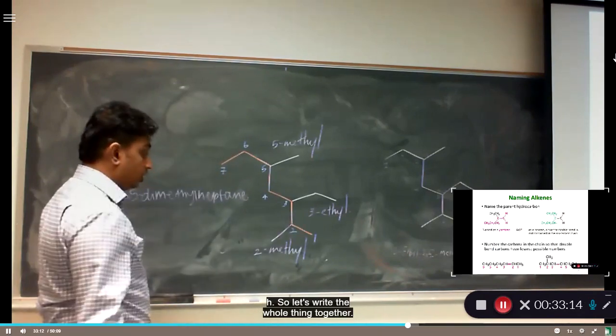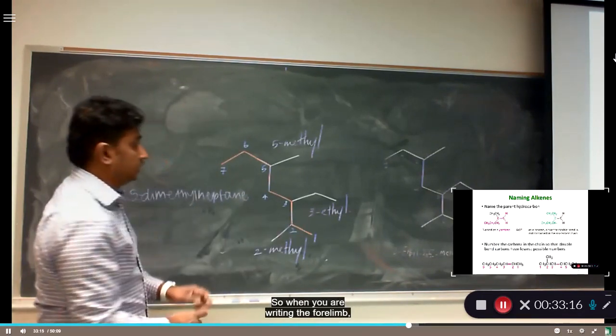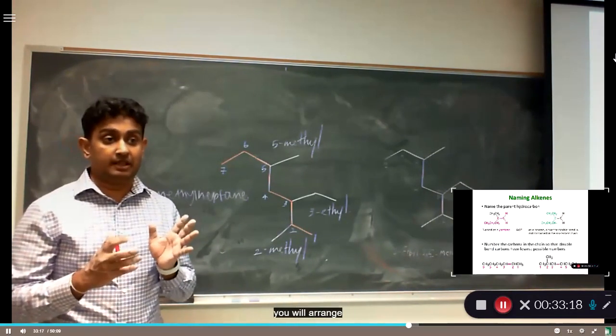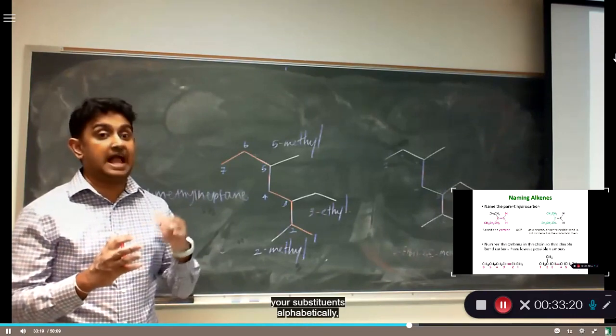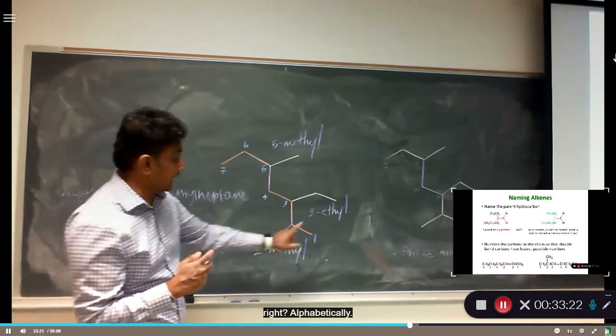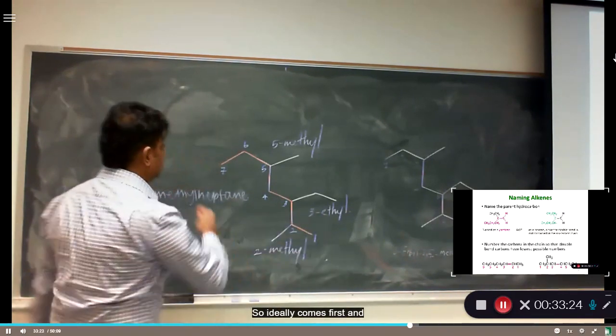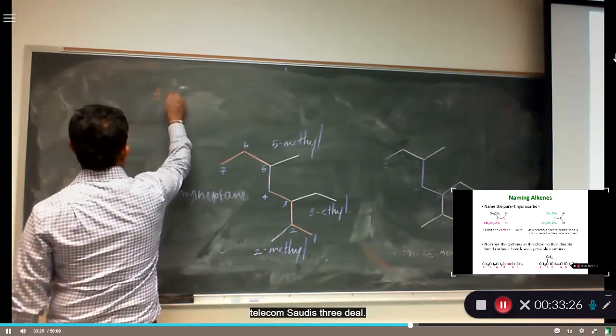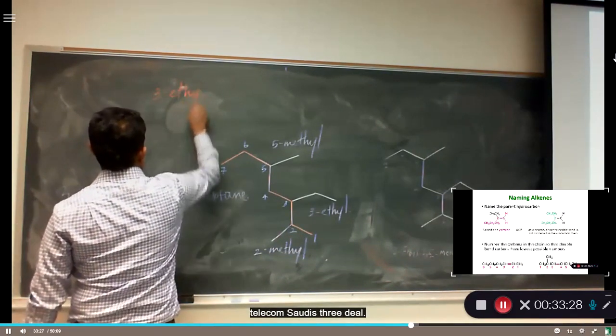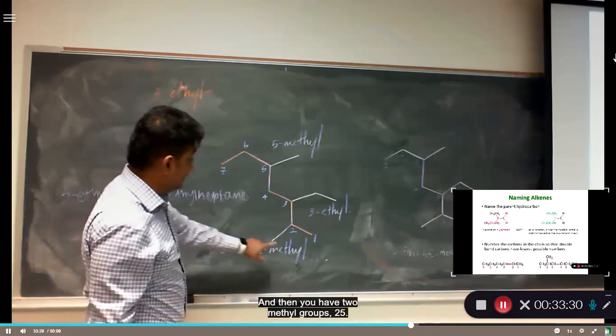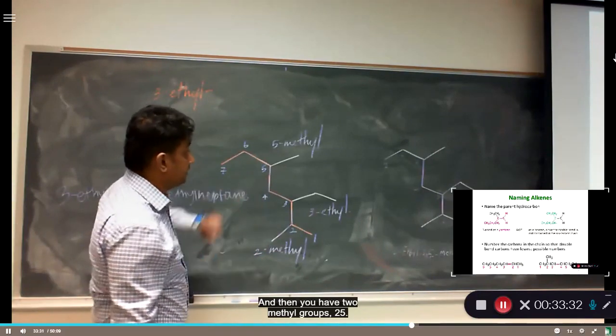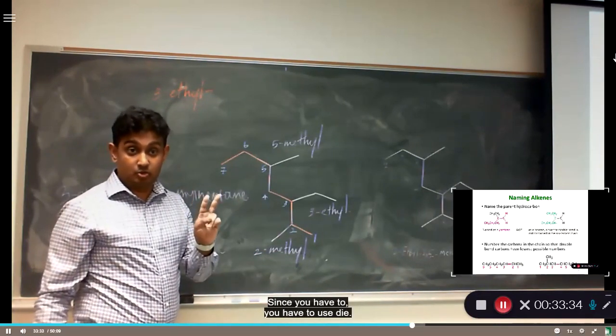So let's write the whole thing together. When you are writing the full name, you arrange your substituents alphabetically, right? So ethyl comes first. So it is 3-ethyl. And then you have 2 methyl groups, on 2 and 5. Since you have 2, you have to use di.